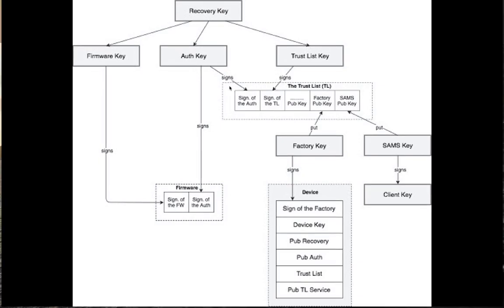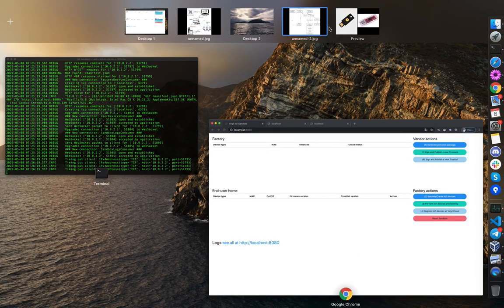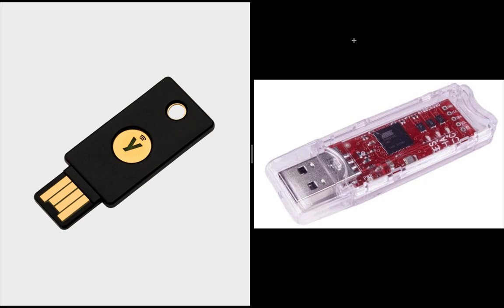This system gives you the possibility to use HSM modules, hardware security modules. On the left side, we see a YubiKey. On the right side, we see an Atmel dongle. Actually, it's a Microchip dongle already.